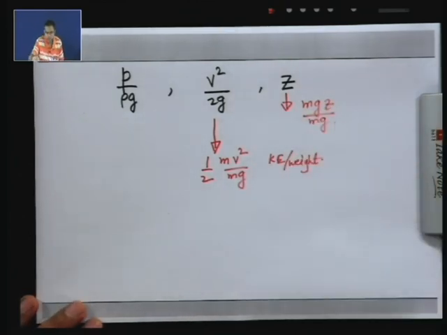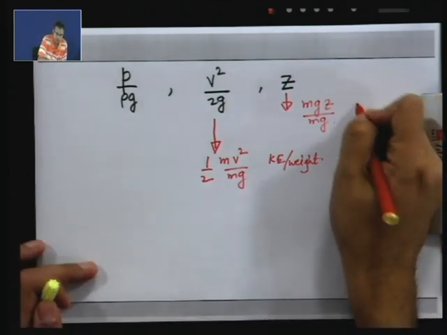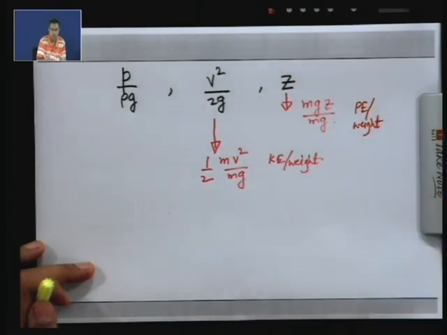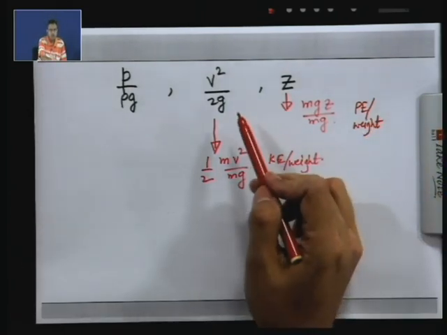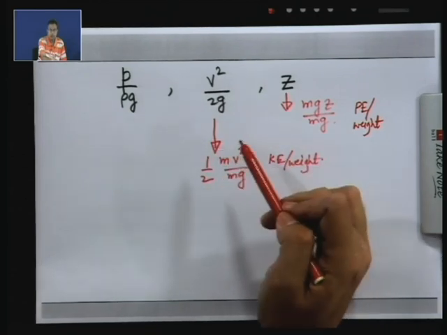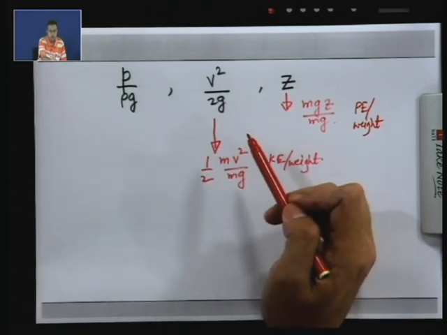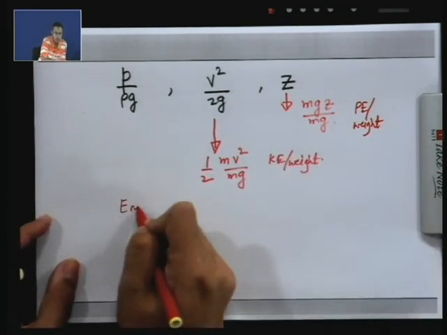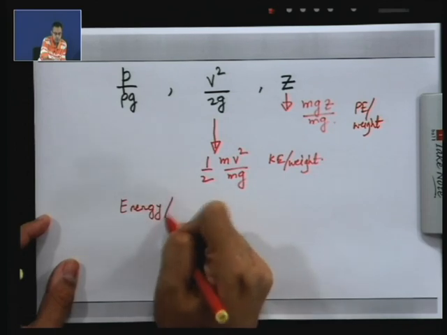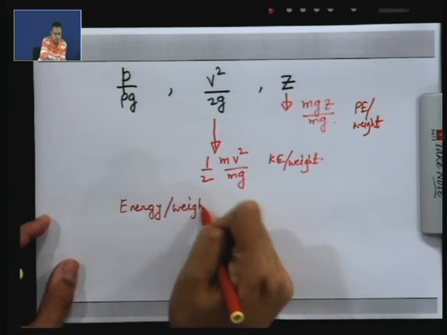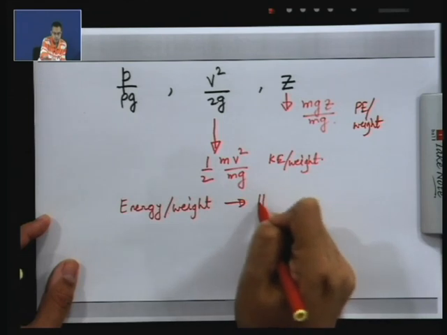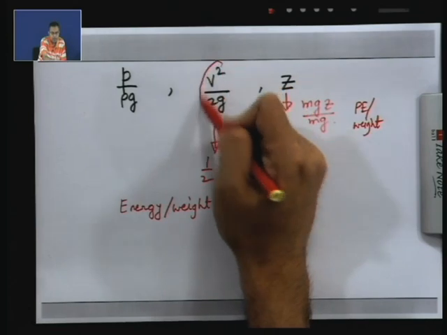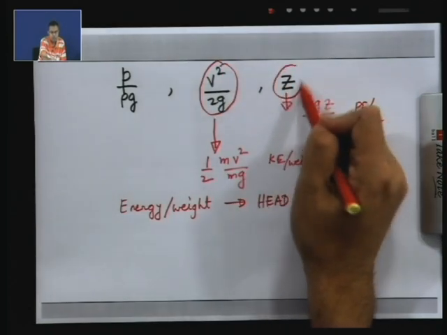So this is nothing but the potential energy per unit weight. Remember that there is a technical term in fluid mechanics where we call energy per unit weight as head. So this is kinetic energy head, this is potential energy head.